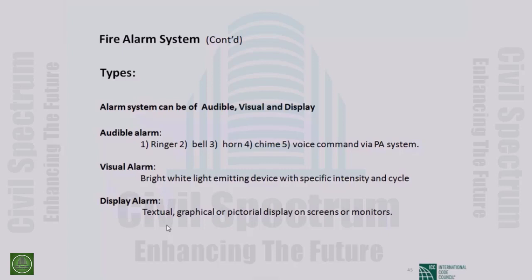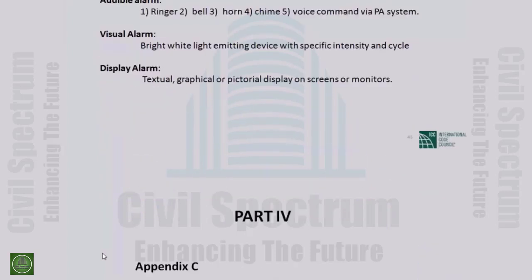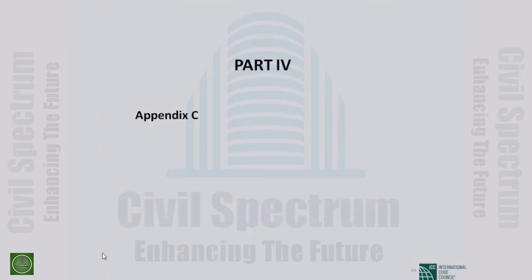They should be given an alarm visually so that they can see a light, like the blinking light we normally see on an ambulance. Some type of display, graphical or textual, can also come on the monitor of a TV or any display. So people see the alarm and can initiate the program. So, that is a little bit about the appendix.